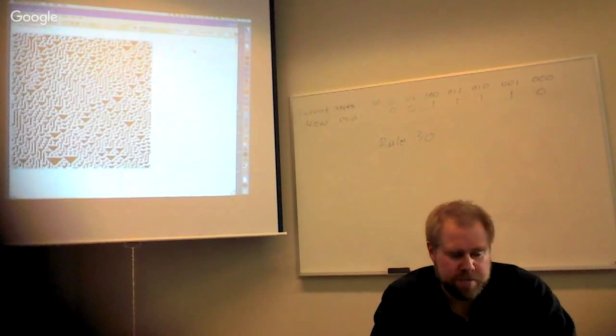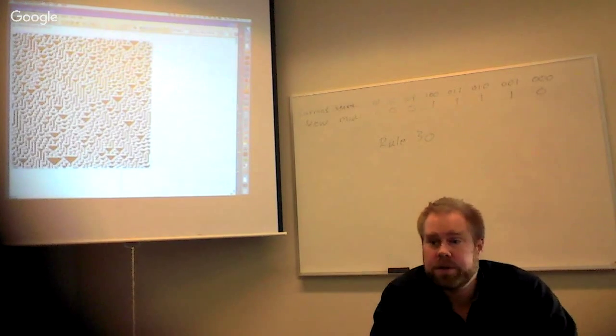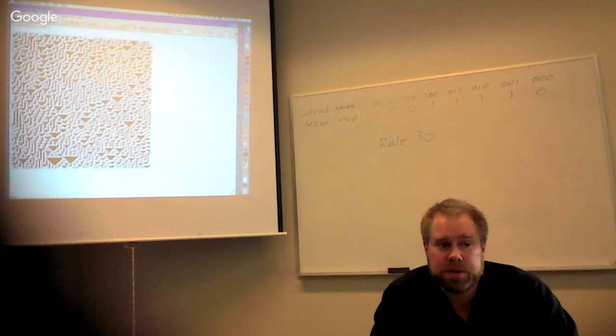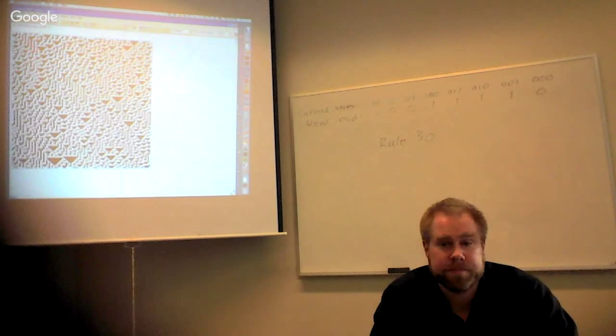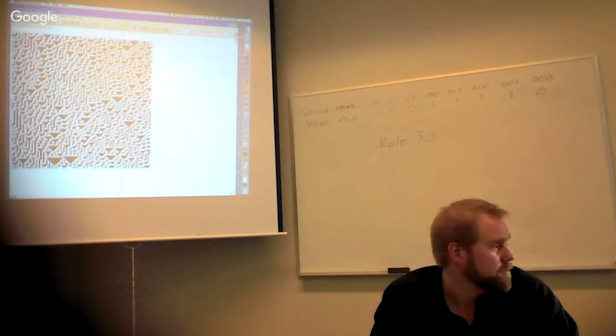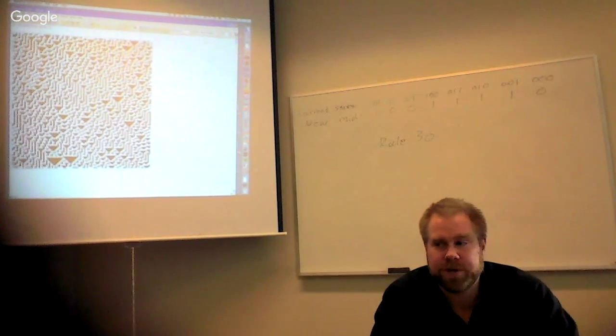Okay, looking pretty random. There are characteristic patterns, but overall it's not predictable what this is. Cool. This is the chaotic cellular automaton of that.